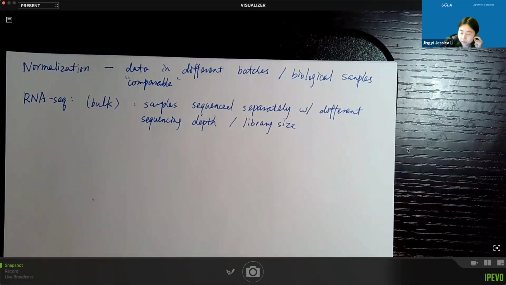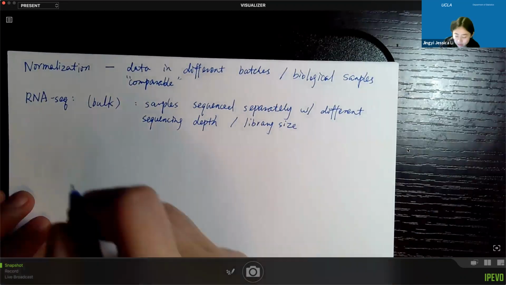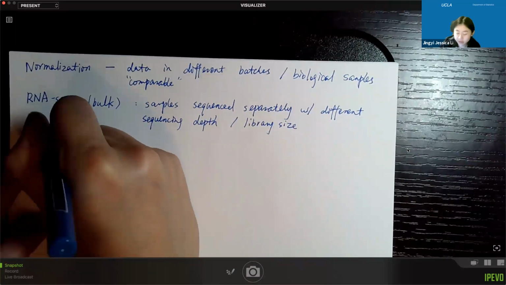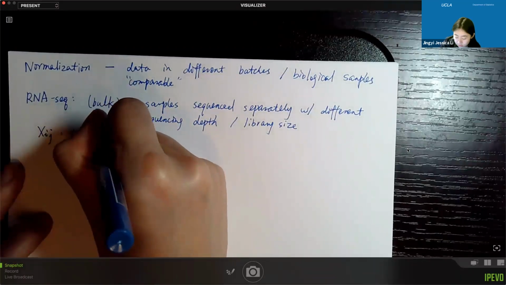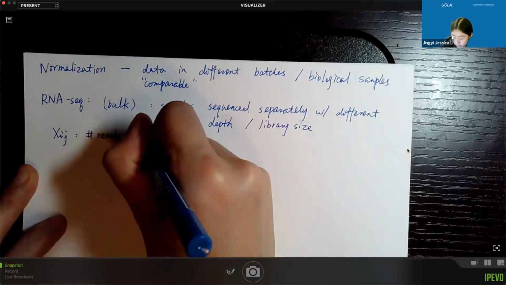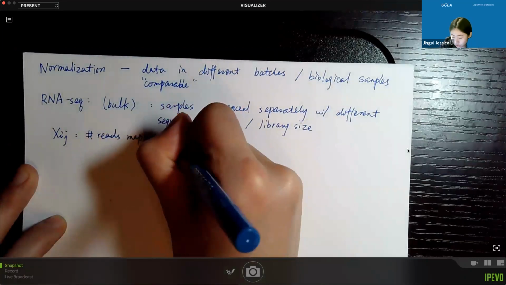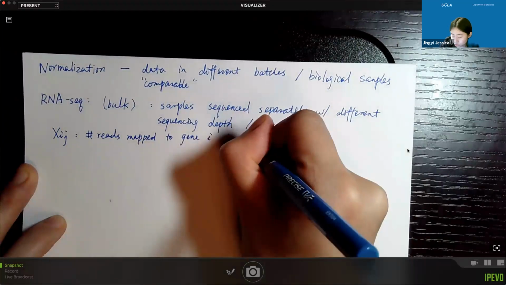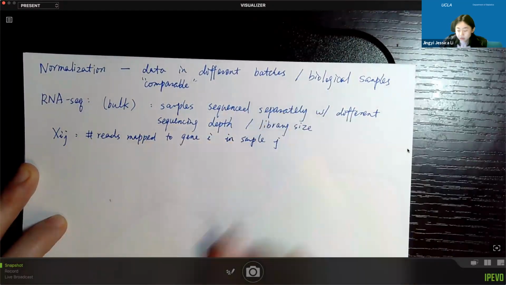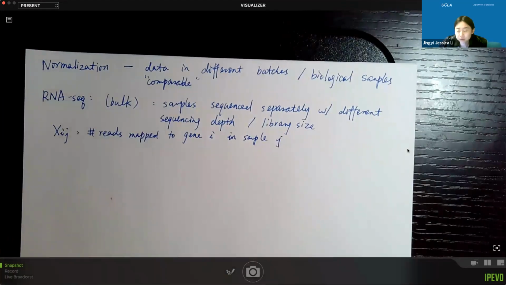Because the number of reads, let's say I call this X_ij, is the number of reads mapped to gene i in sample j. Because the deeper you sequence, the larger the X_ij. There's a linear relationship between that, right?